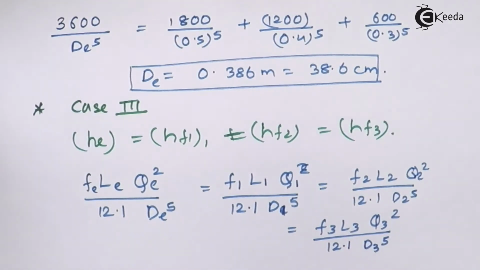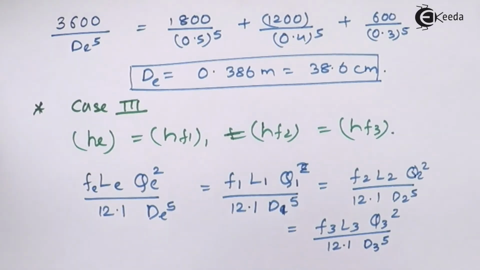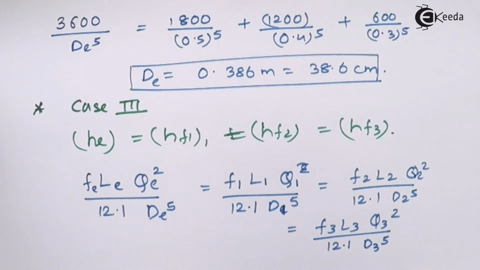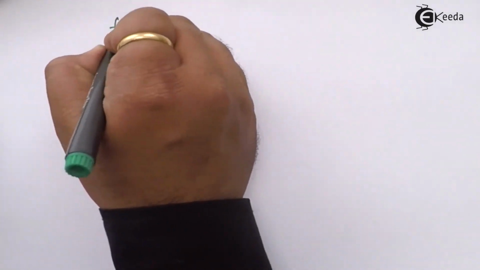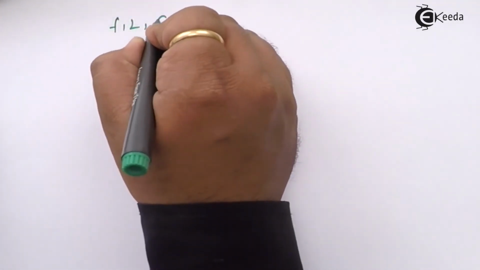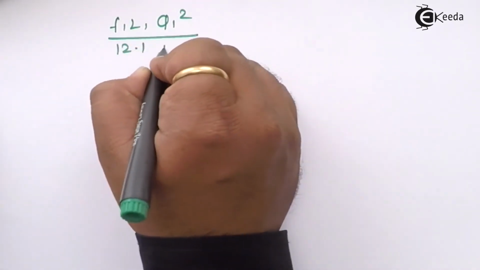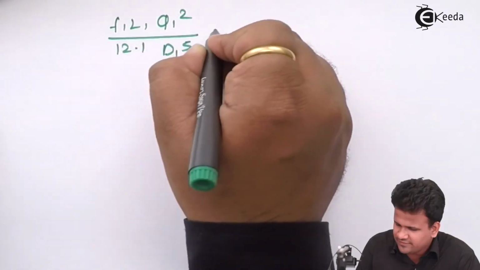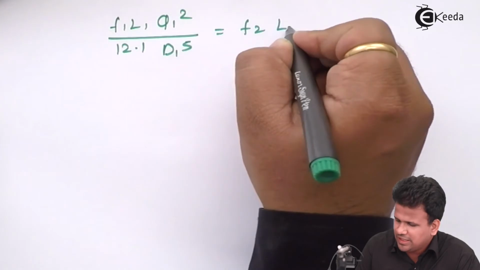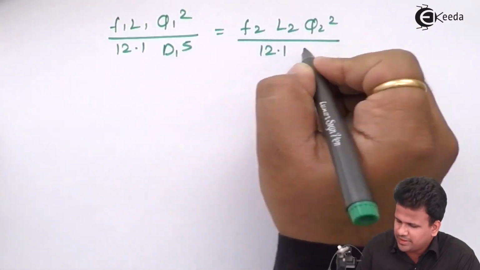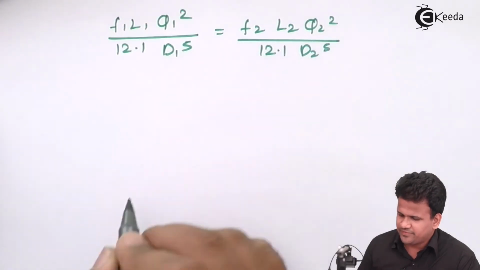Now let us calculate Q2 in terms of Q1, as well as Q3 in terms of Q1. Over here, let us substitute: f1 L1 Q1 squared upon 12.1 into D1 raised to 5 is equal to f2 L2 Q2 squared upon 12.1 D2 raised to 5.